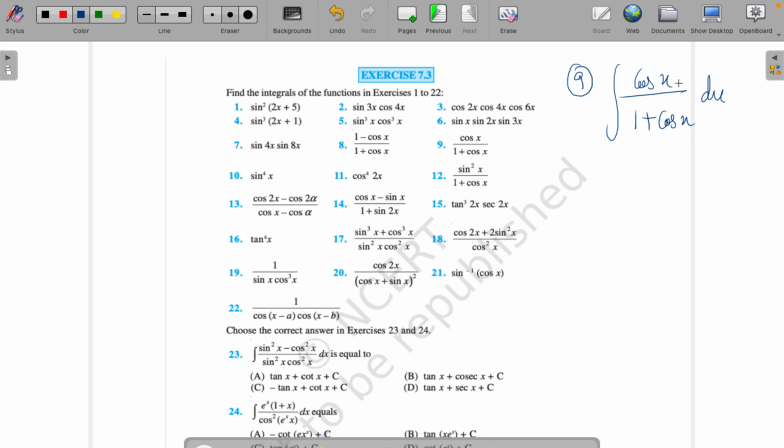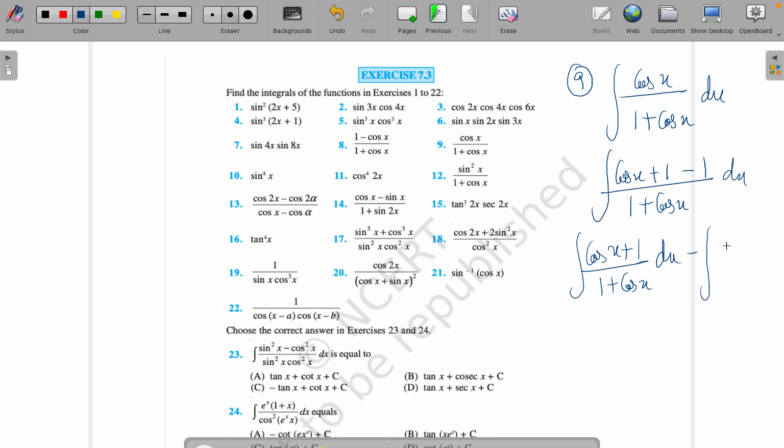Now can I just create the numerator if I get stuck in a particular question, and separate it out? Now again, this and this get cancelled. Why do I have to separate out like this? Because I know that 1 plus cos x and 1 plus cos x will get cancelled. That is why I separate out the pair together.